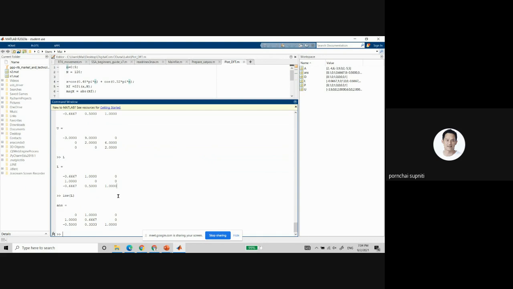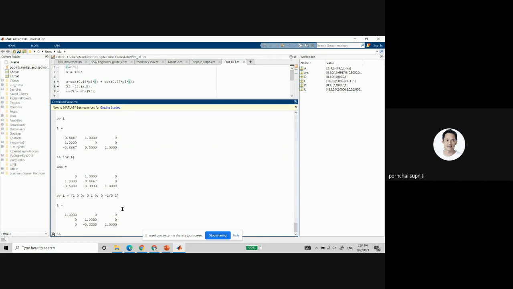So maybe let me try to show from the example that we looked at earlier. Let me do it again. L is, from the example that we looked at earlier, 1 0 0, 0 1 0, and 0, minus 1/3, and then 1. I think they will evaluate the matrix for you.